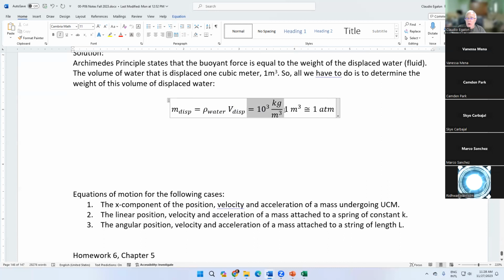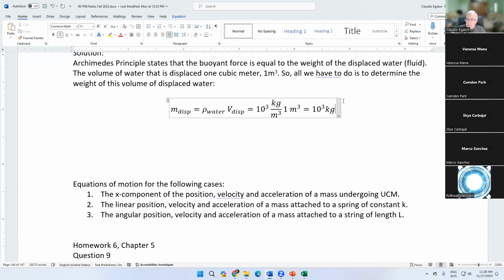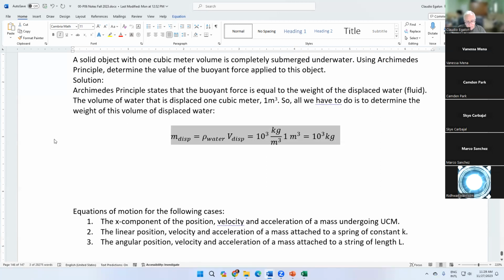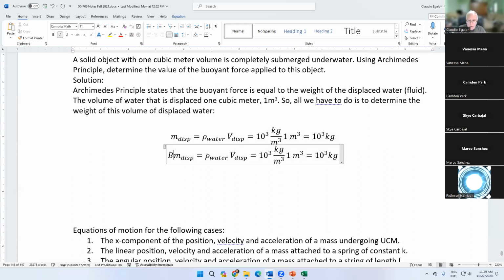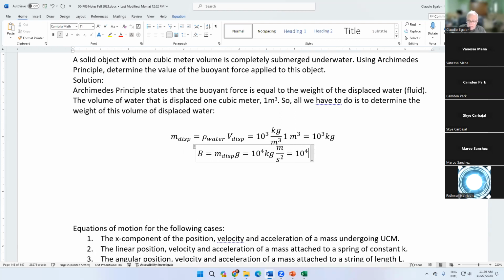So 1 cubic meter of water is exactly 1,000 kilograms of water. The buoyant force is going to be this mass of the displaced fluid multiplied by g, which ends up being 10^4 kilogram meter per second squared, which is 10,000 newtons.